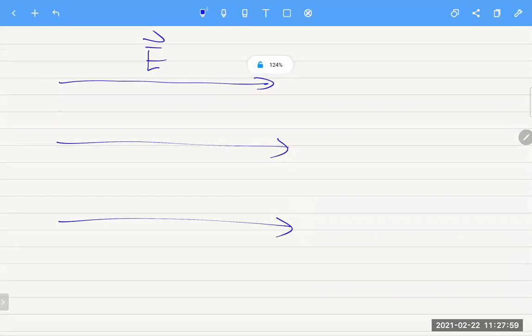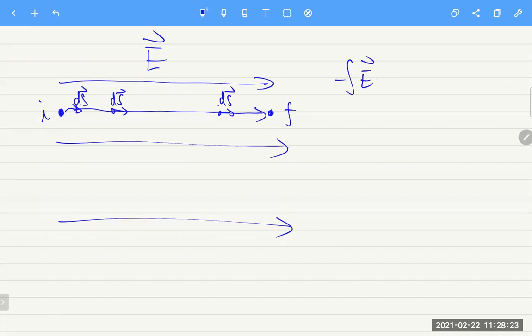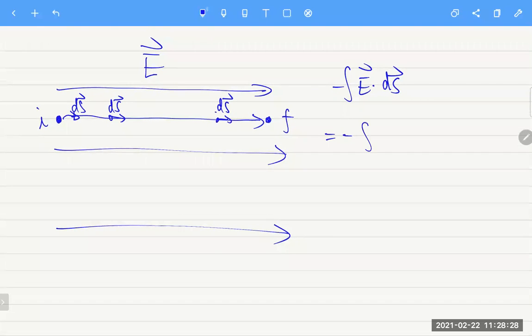And then we move this point from here. This is the initial point, this is the final point, and you move this way, so that this is a straight path, which means that ds always points to the right side, and E is uniform. So E dot ds is always a constant, and you will integrate a constant.